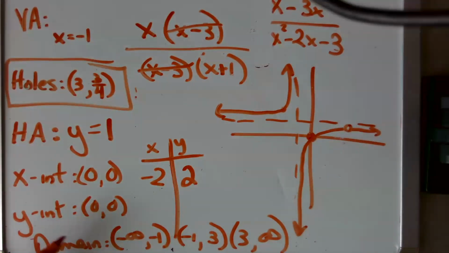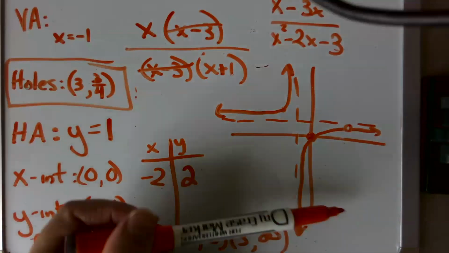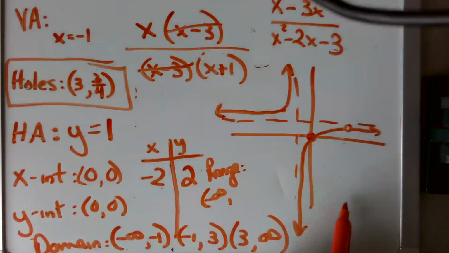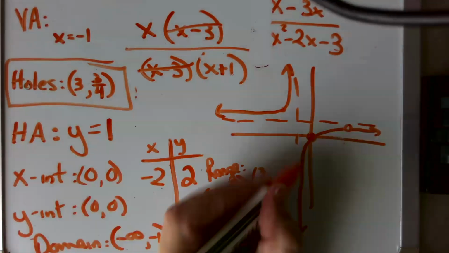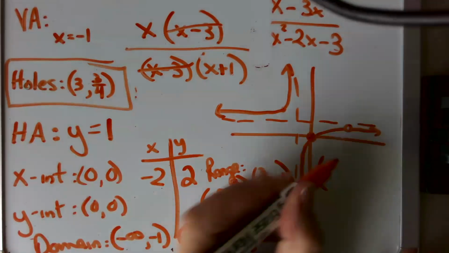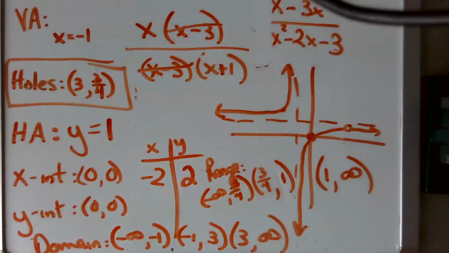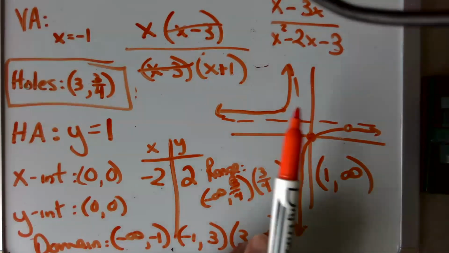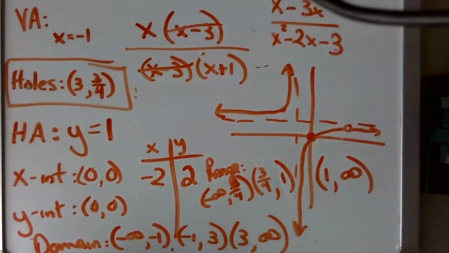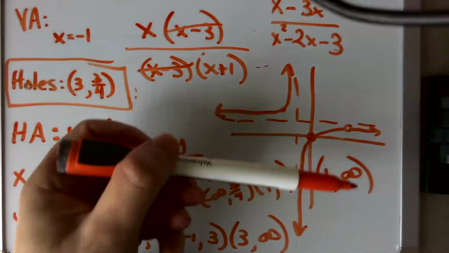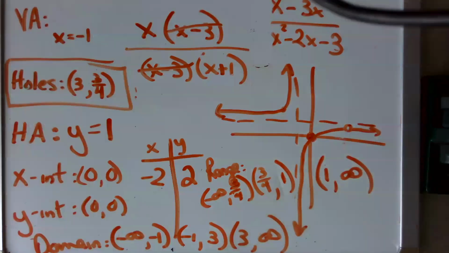Similarly, the range is going to include -infinity up to 3/4, 3/4 to 1. Sorry, this is so messy. And then 1 to +infinity. So your domain is based on all of the asymptotes and x values of your hole, and your range is based on all of the asymptotes and y values of your hole. And that, my friends, is graphing rational equations.